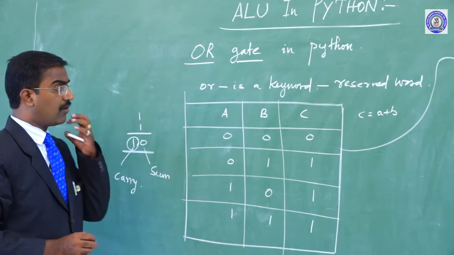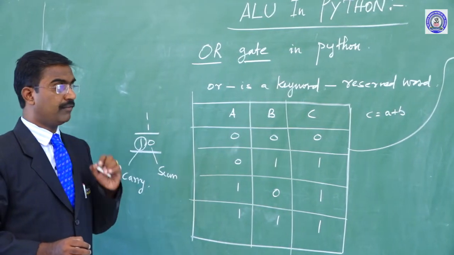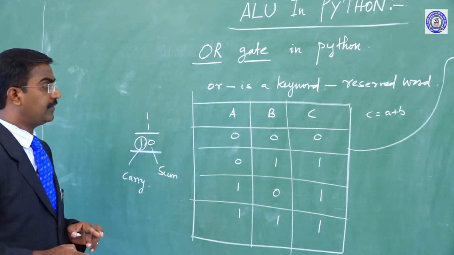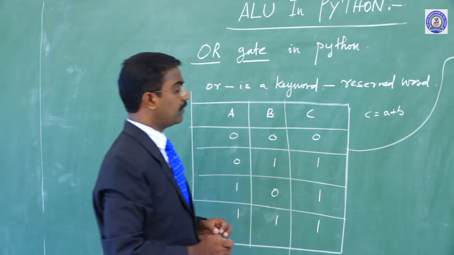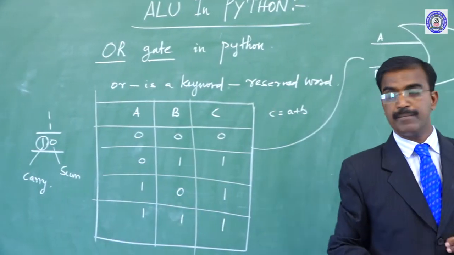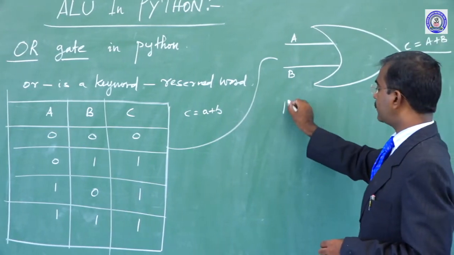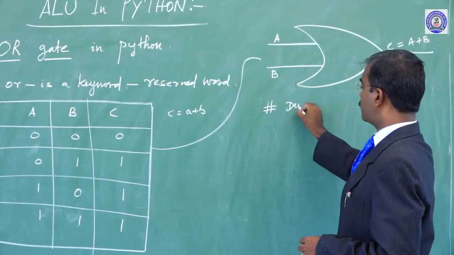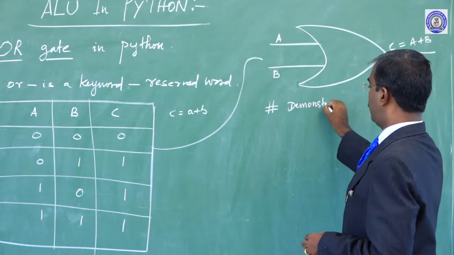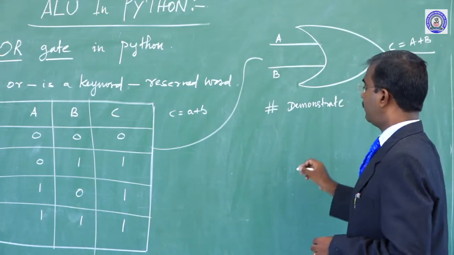In this OR gate, if you are given a number, can I show one example to demonstrate in your program? Okay, in Python, how can we demonstrate this?